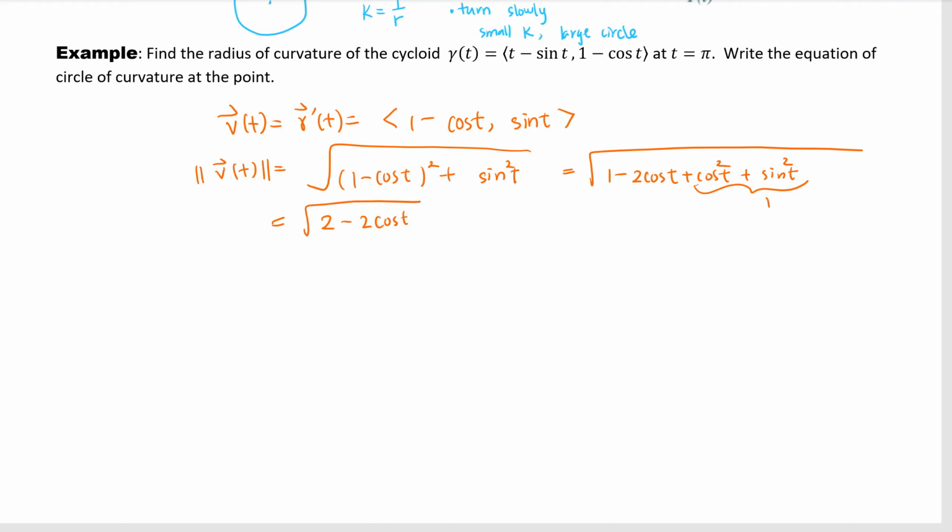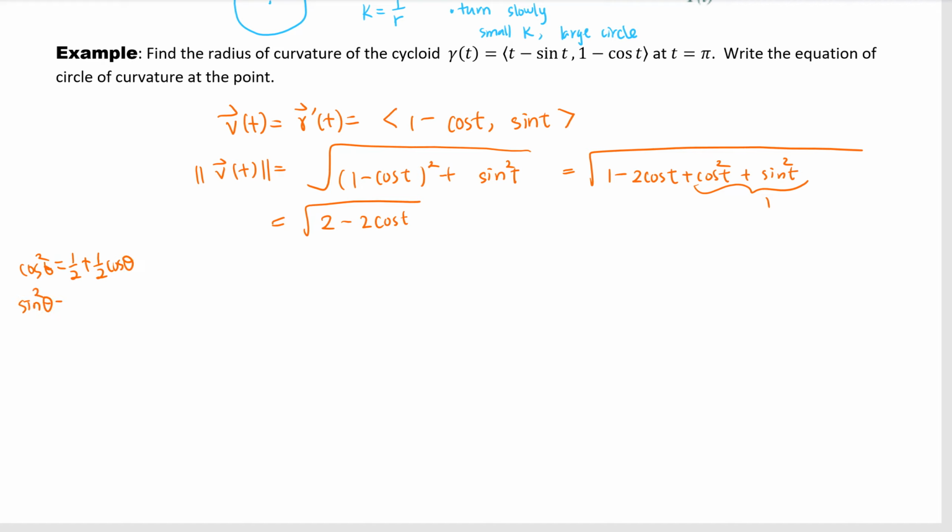And do you know what that is? Well, it'd be great if we can simplify it, right? So here, think about the double angle formula. So what is the double angle formula? Cosine squared theta is 1/2 plus 1/2 cosine 2 theta.